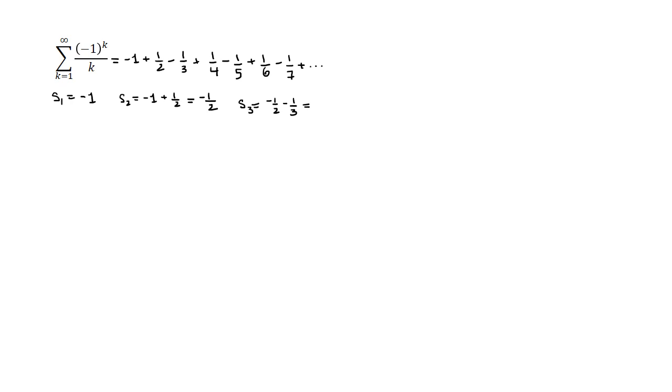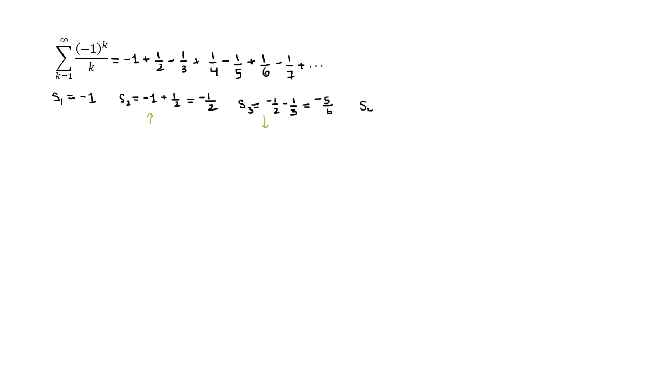Okay, so this is the sum of the first three terms, right? And we get negative 5/6. We can see that between S1 and S2, our partial sum increased. From S2 to S3, our partial sum goes down.